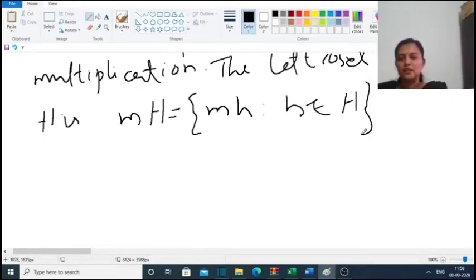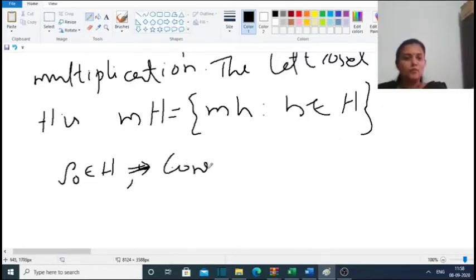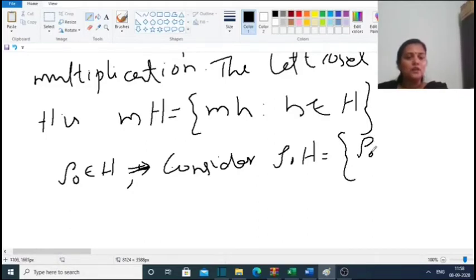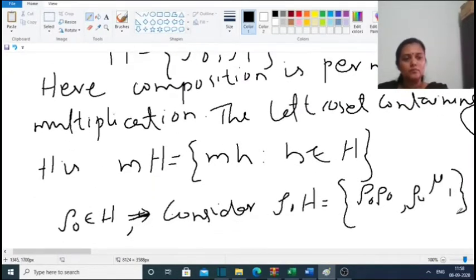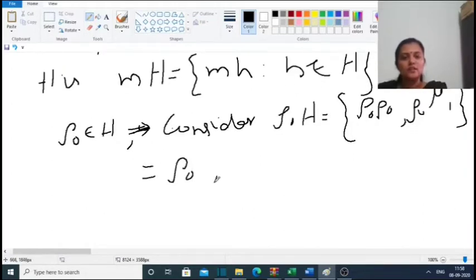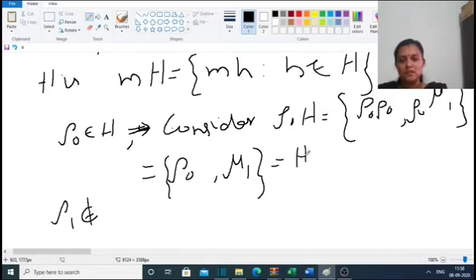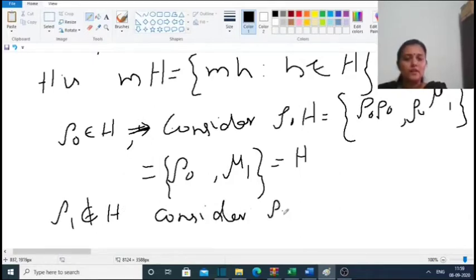So here we can take rho 0 itself. Let rho 0 be an element of H. So consider rho 0 H, which is equal to rho 0 times h for h an element of H: rho 0 times rho 0, and the other element is rho 0 times mu1, which is equal to rho 0 and mu1. So rho 0 H is the same as H. Now rho 1 is not an element of H, and consider rho 1 H, which is equal to rho 1 rho 0, rho 1 mu1.